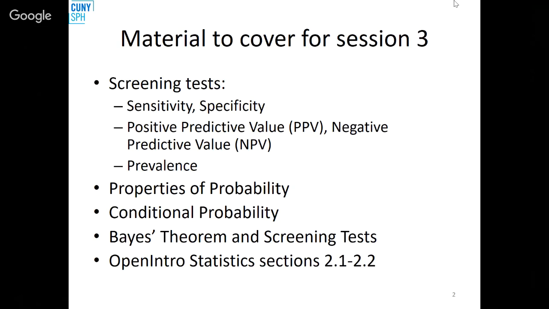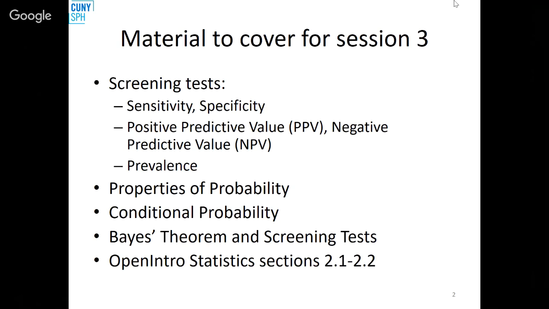So I'm going to cover probability in the context of diagnostic tests because I'm a biostatistician and this is a key application of probability and Bayes' rule. But it is applicable to a number of other topics, essentially anything where you're interested in the probability of something happening based on some other pieces of information that you have.